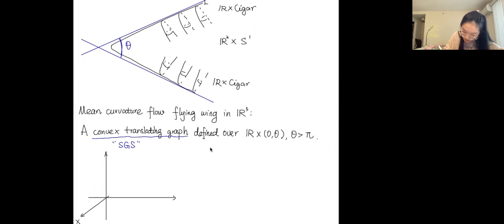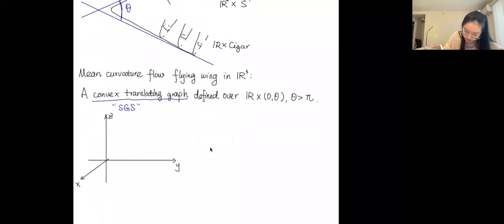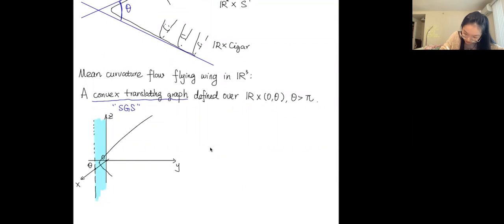Here are the coordinates of R3, and from 0 to theta, within this finite slab, this definition domain, you have a graph over this strip. That's a flying wing. It looks like this, a two-dimensional hypersurface.